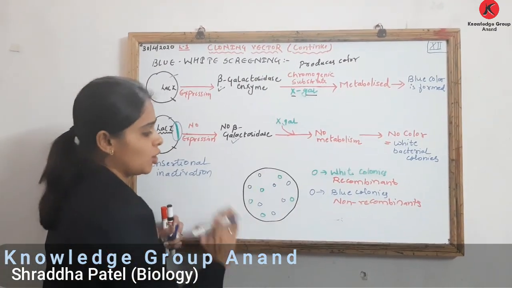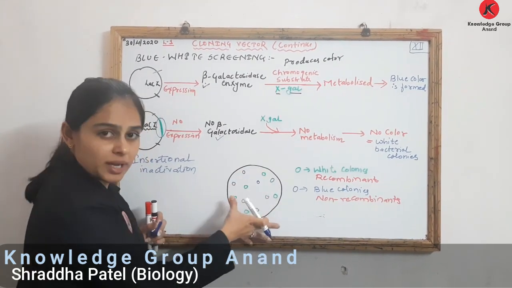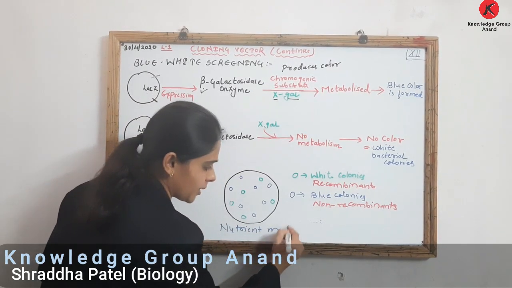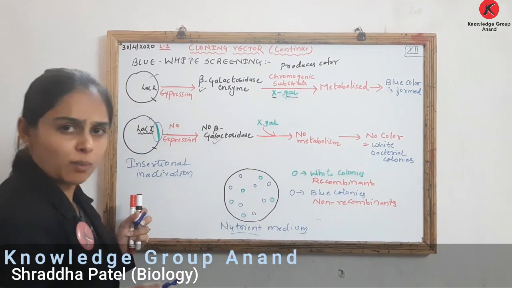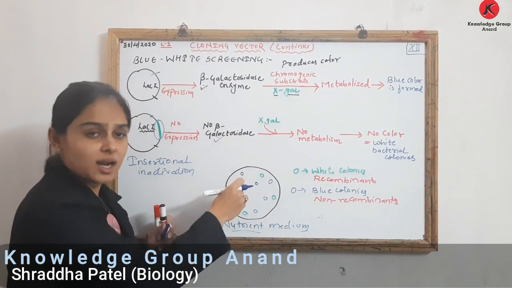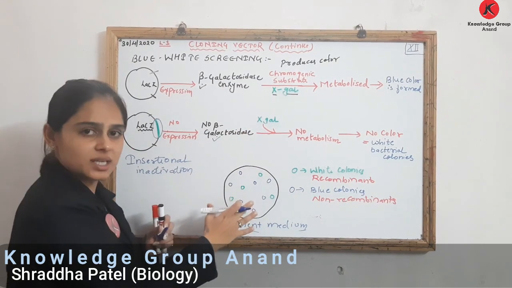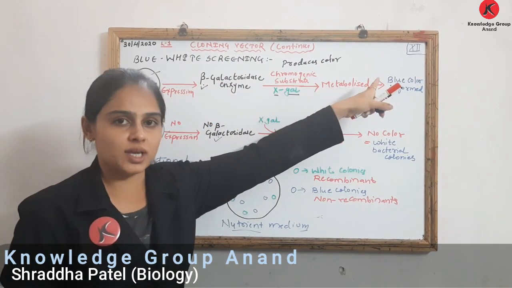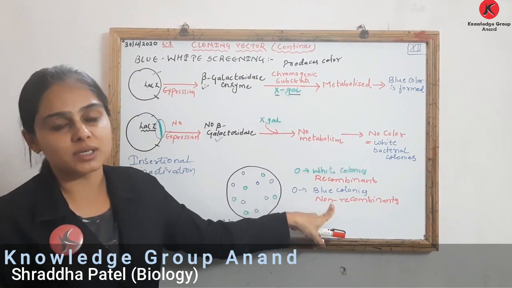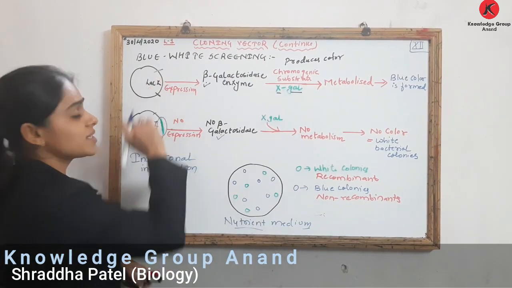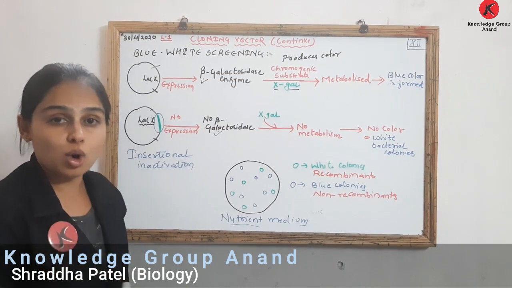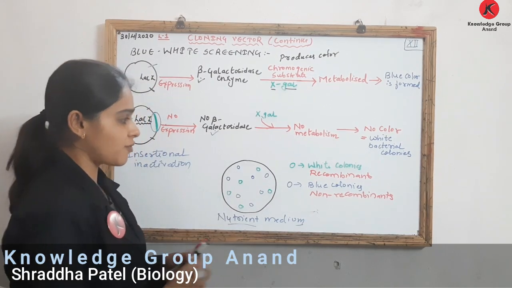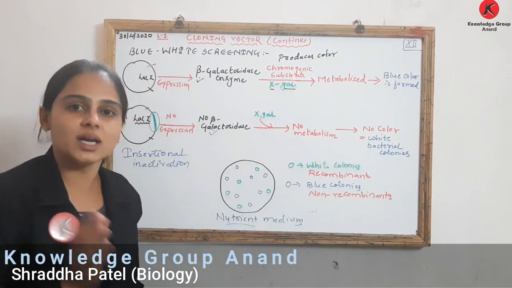If you are going to keep your bacterial culture in a petri plate containing the nutrient medium, ये क्या है बेटा जी आपका nutrient medium, agar plating, ओके, agar plate भी बोल सकते हो आप. इसमें मैंने क्या डाला, culture डाला, right. Culture मतलब we have added your bacteria, the bacteria which appear blue in color, वो कैसे हो गया आपके non recombinants, ओके, non recombinants in the sense यहाँ पे कोई insert नहीं हुआ, but the colonies which appear white in color, यहाँ पे मैंने green portion दिखाया है, they are our recombinants.